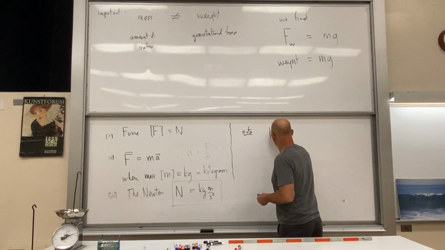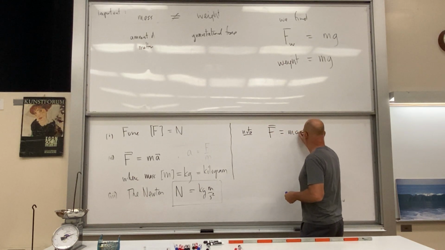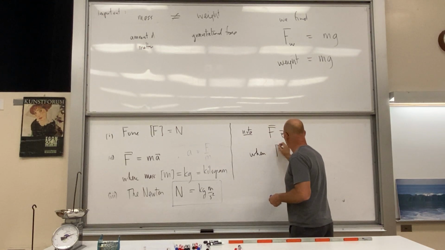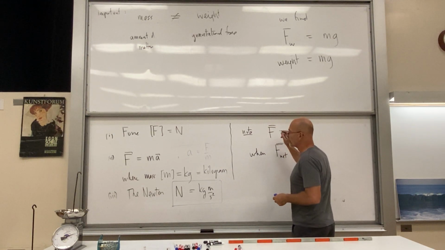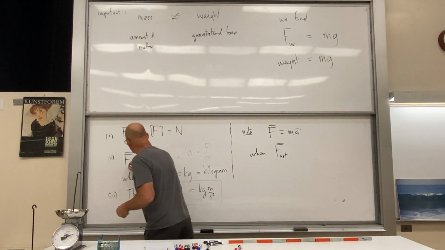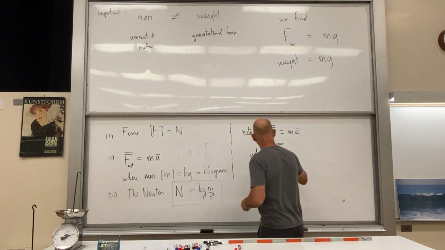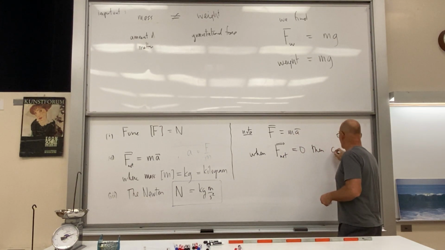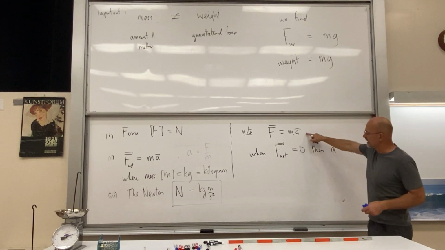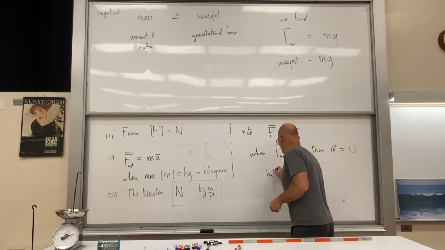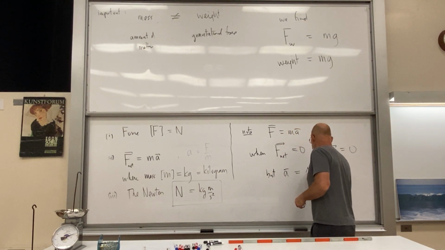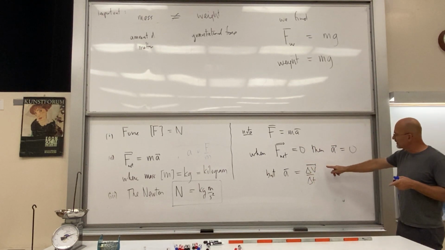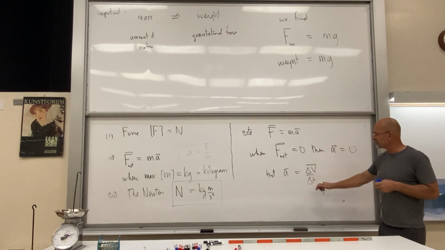Note, again, force equals mass times acceleration. When F net, and we're actually supposed to say the net force, that's understood. When net force equals zero, then acceleration is zero, clearly. But acceleration equals delta V over delta T. So when acceleration is zero, velocity is constant.